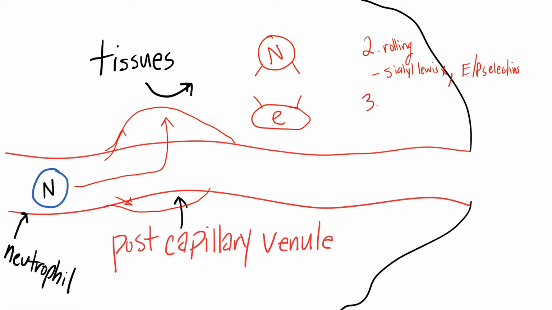Same thing for step 3: when you move into tight adhesion, the tight binding, that involves integrins, another name for which is CD18, and it also involves ICAM1. How do you remember where all of these different things go?